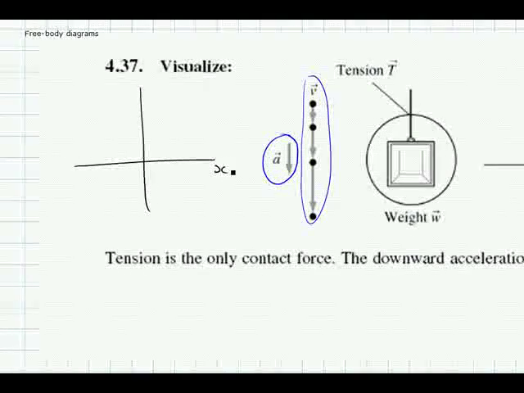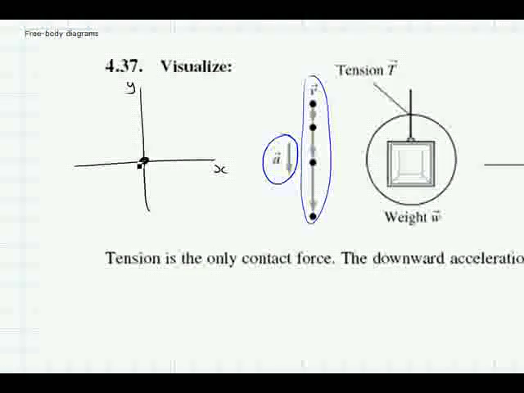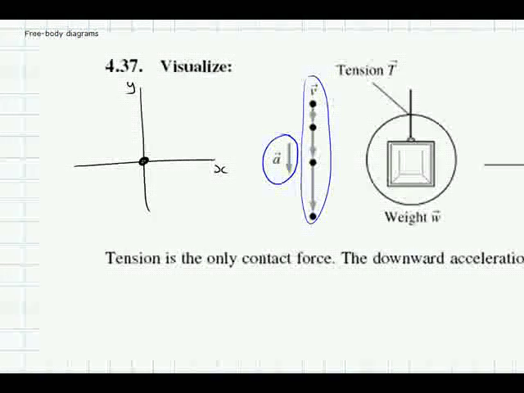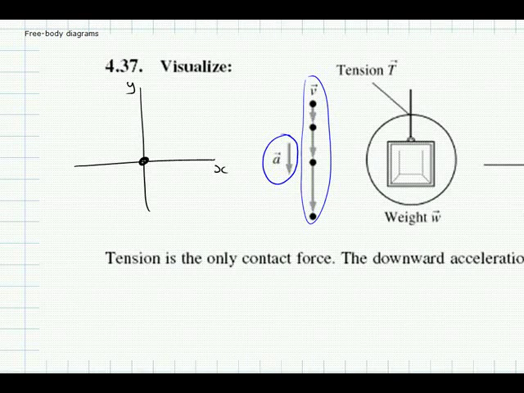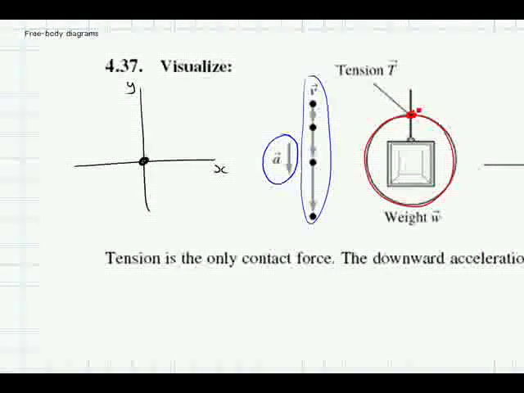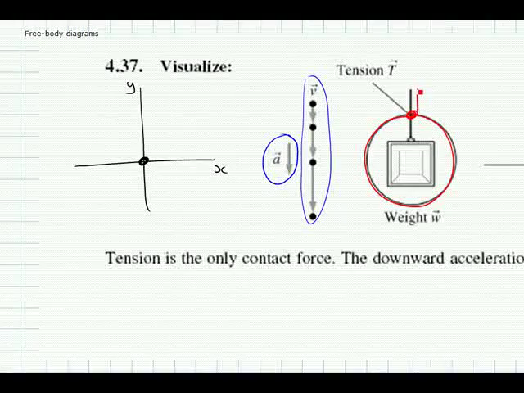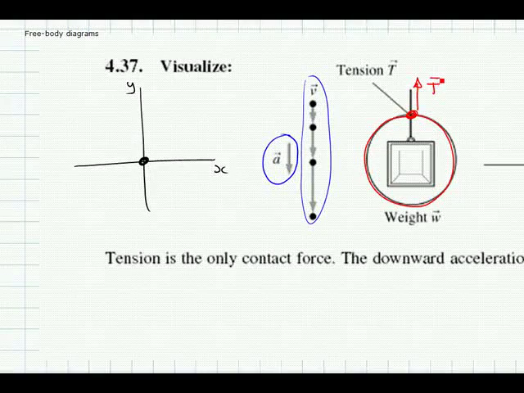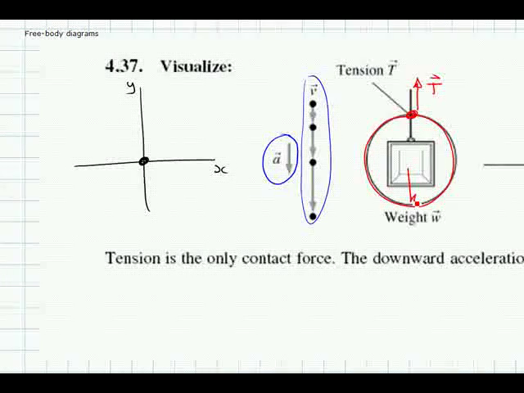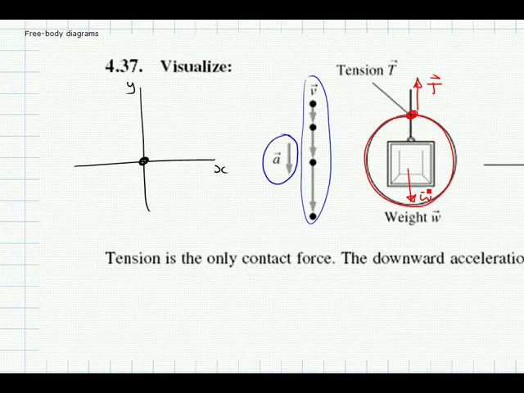Once again, do your coordinate system x, y, place your object at the origin, and let's identify our forces now. Here's the boundary around our object. There's contact at this point. The contact is with a rope. That means there's tension, and tension is in the direction of the rope. That's our T. There's no other contact with anything else, so let's just also add our W, weight.